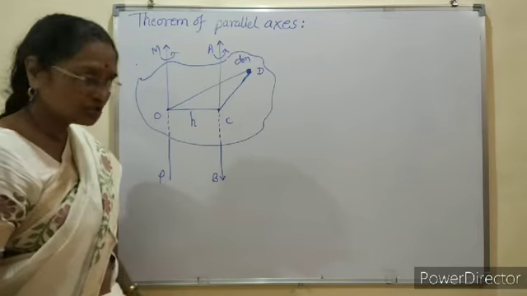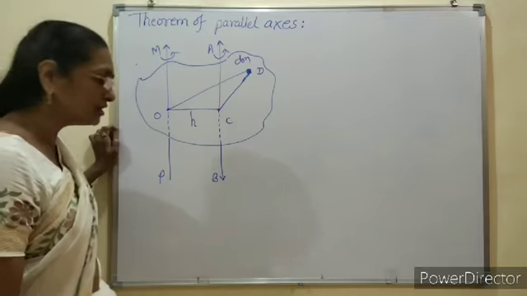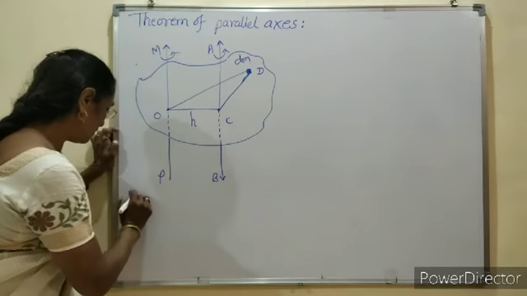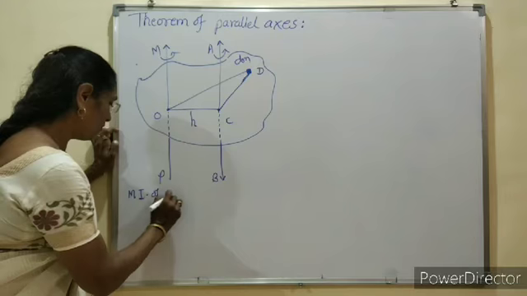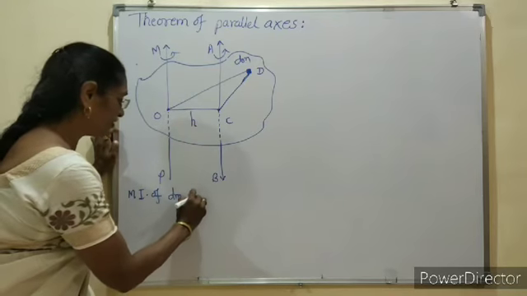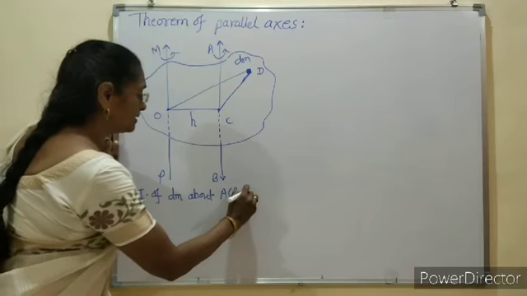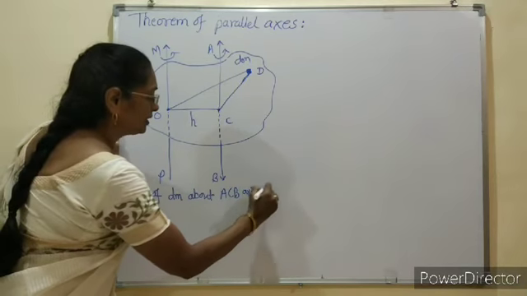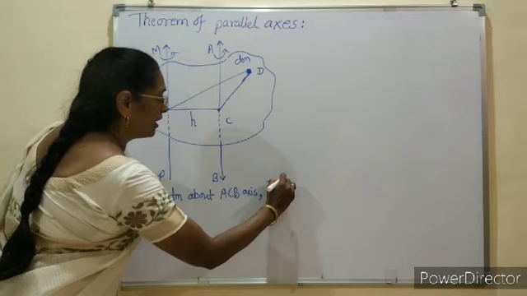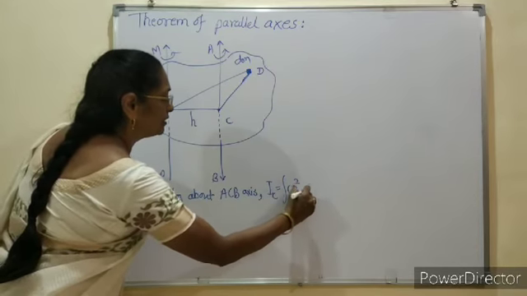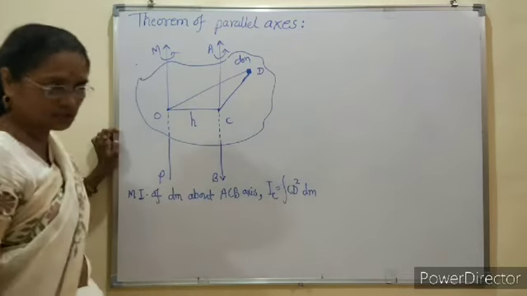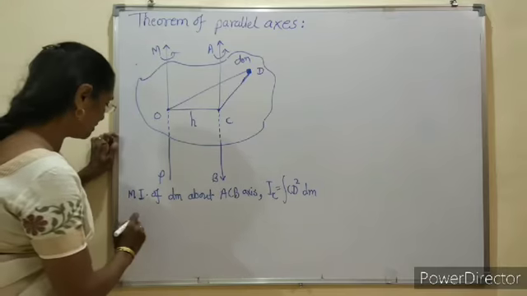Now once we know the distances, we can write the moment of inertia like this. The moment of inertia of element dm about the ACB axis can be denoted by IC, and it is equal to CD square into dm. It is by the definition of moment of inertia.